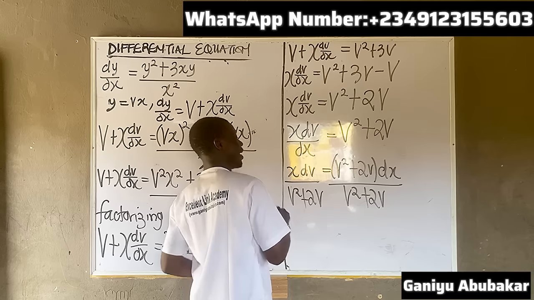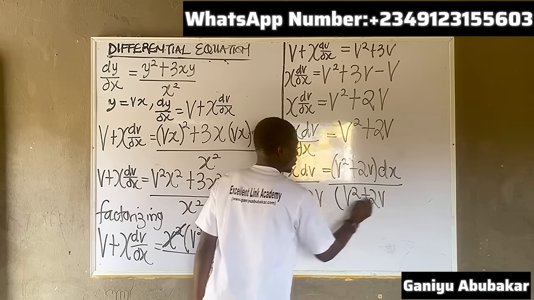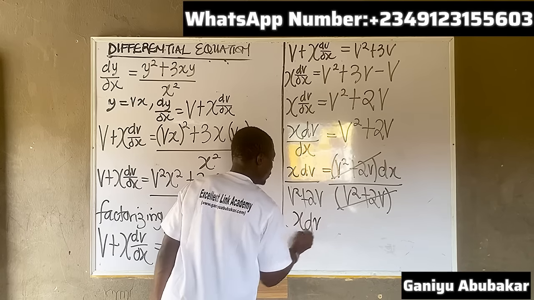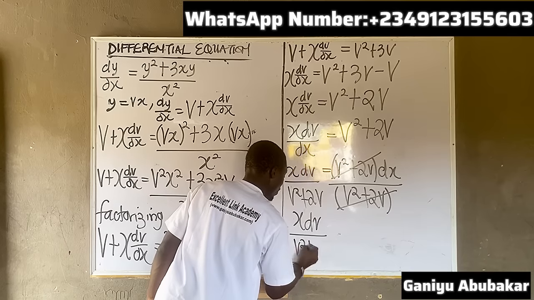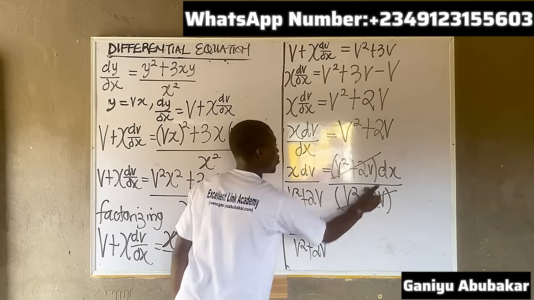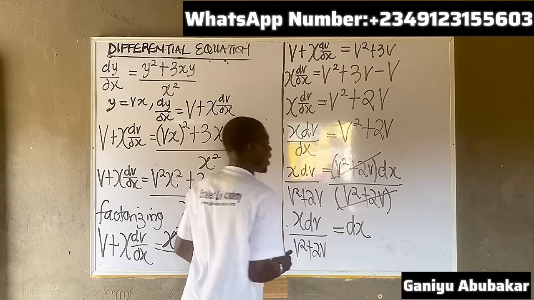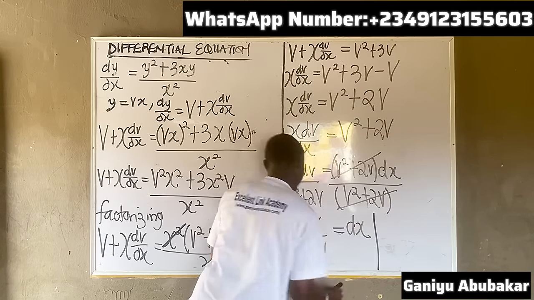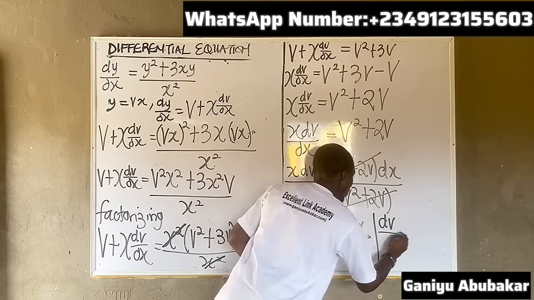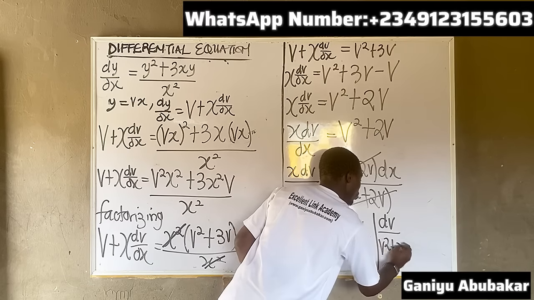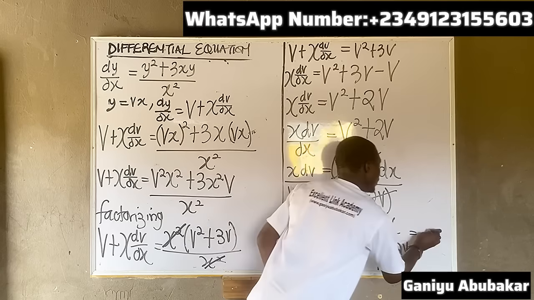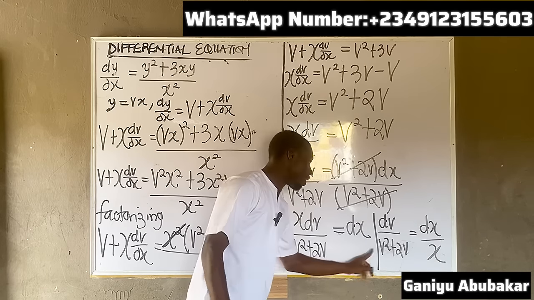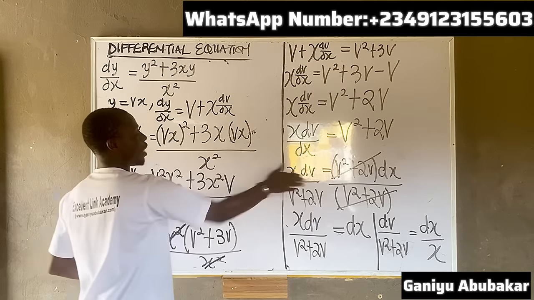I want to make sure that v and x are separated, so my first task is to divide both sides by v squared plus 2v. This one cancels this, and I have x dv over v squared plus 2v equals just dx. I can easily shift this x down here. In other words, dv over v squared plus 2v equals dx over x. From there, I will integrate through.